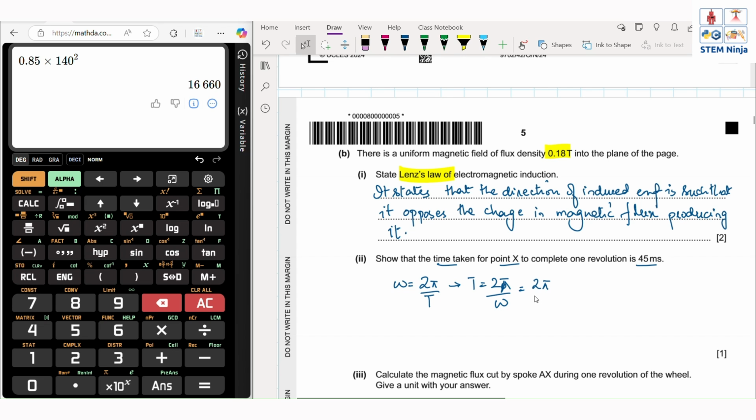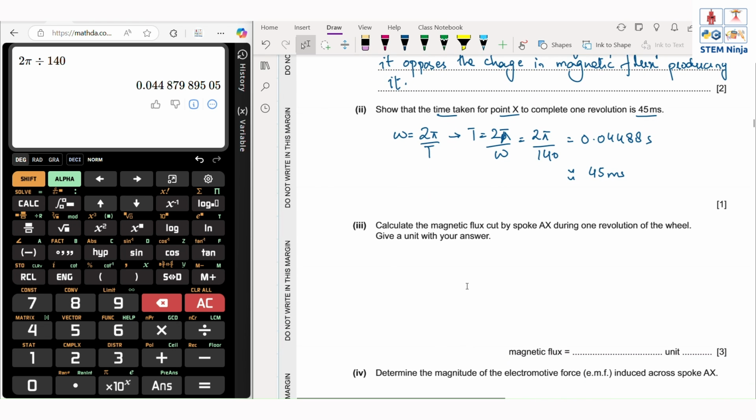Omega is given as 140, so 2 pi over 140. So 2 pi divided by 140 is 0.04488 seconds, which when you convert it into milliseconds becomes 45 milliseconds.